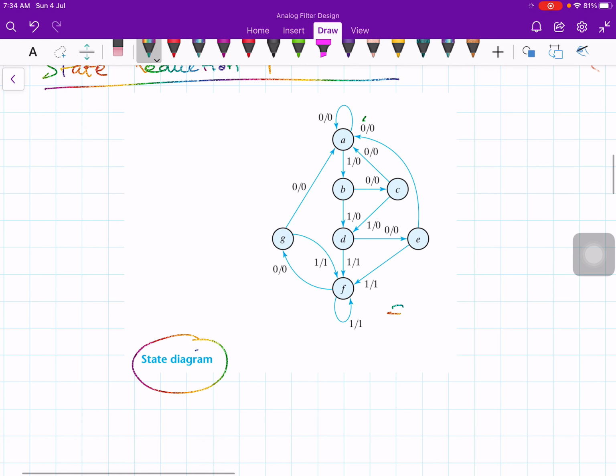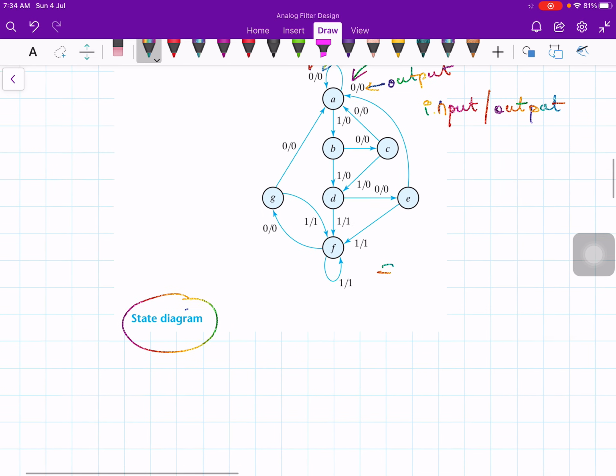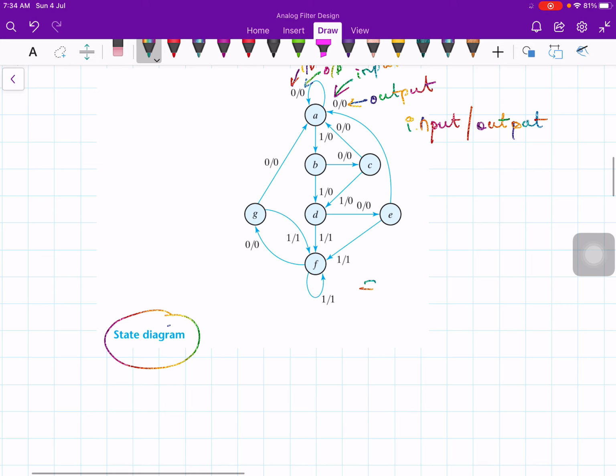See, this 0 is input and slash, and this 1 represents output, and this 0 is input and this 0 is output. So input slash output, that is the notation. Don't get confused. Now how many states are there? 1, 2, 3, 4, 5, 6, 7 states are there.